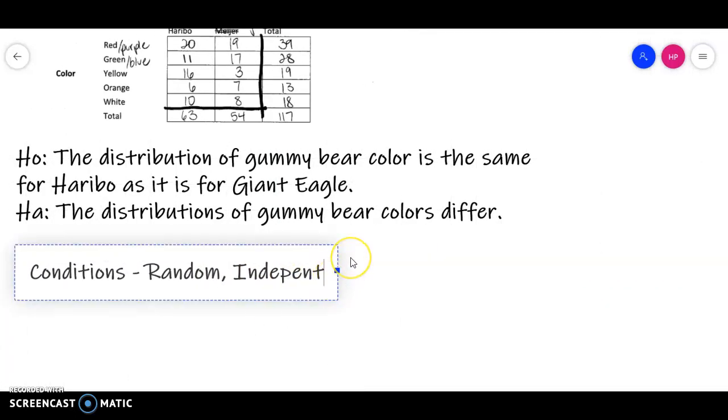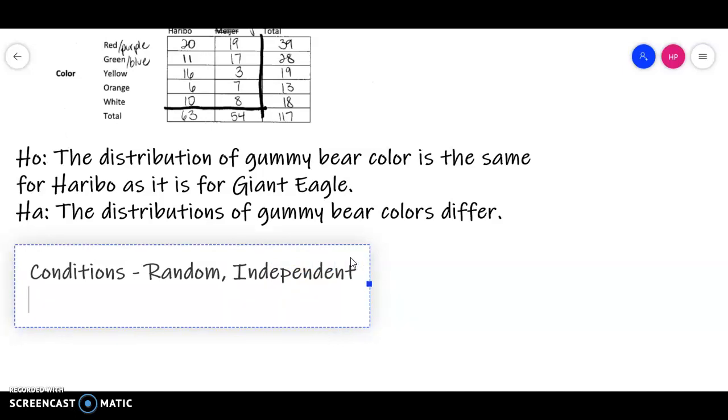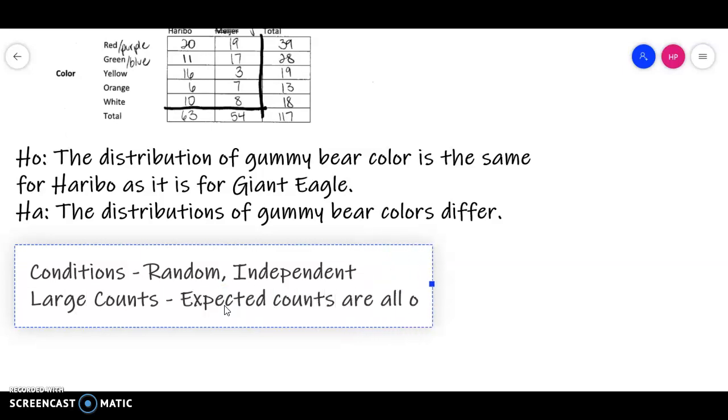And so random and independent. But it's our large counts condition now that we are interested in. So my large counts, again, is that my expected counts are all at least 5.